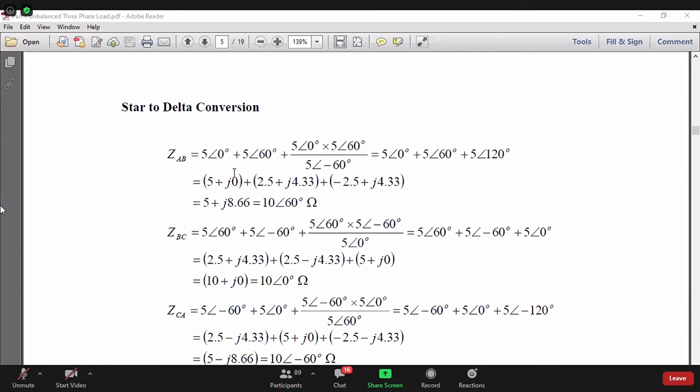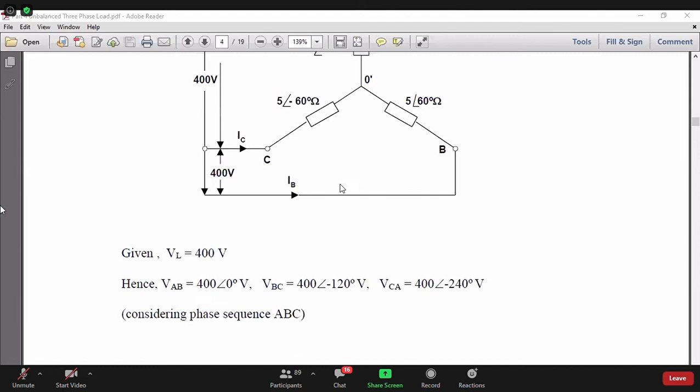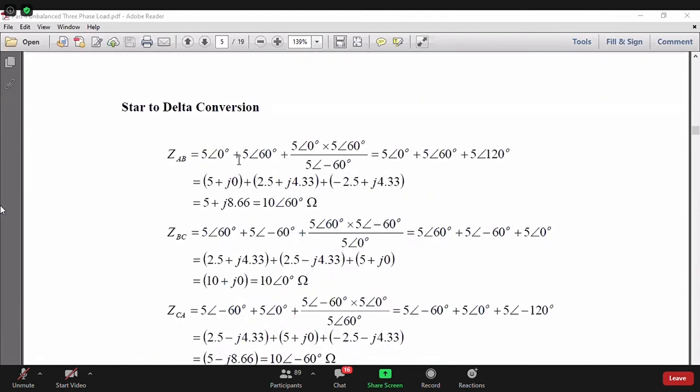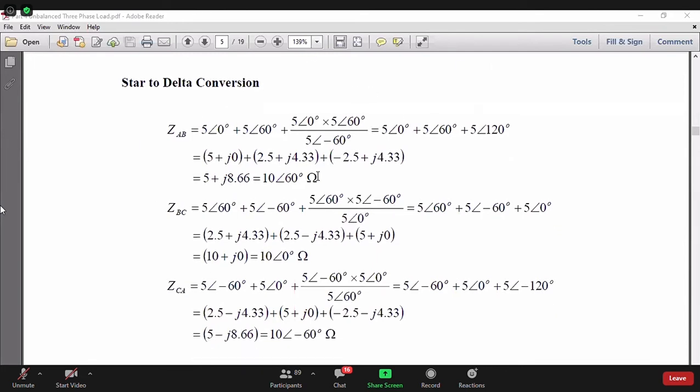From the three ZA, ZB, ZC, ZAB is typically ZA plus ZB plus ZA ZB by ZC. ZBC will be ZB plus ZC plus ZB ZC by ZA. Like that, convert all of them and you get the three delta impedances. Since the three star impedances were the same, interestingly you see that the three delta impedances you got are the same, 10 ohm.